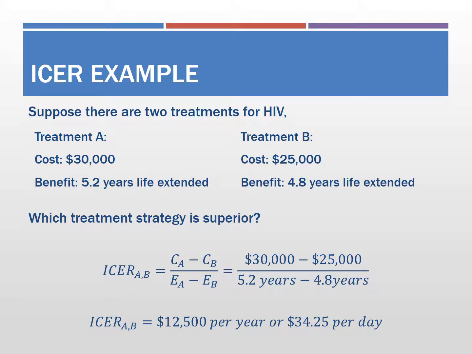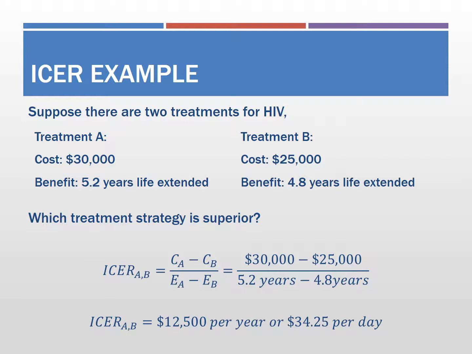And finally, we come to the conclusion that the ratio of these two treatments is $12,500 per year. Or you can simplify this number by dividing it by 365, and then you will get $34.25 per day. So let's interpret this result.